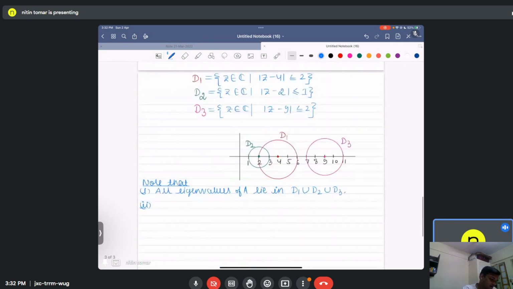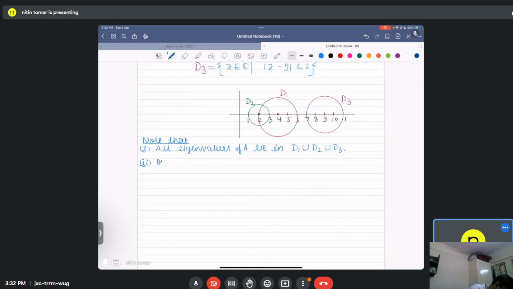So by this we have one eigenvalue of A lies in D3, and the other two eigenvalues lie in D1 union D2.